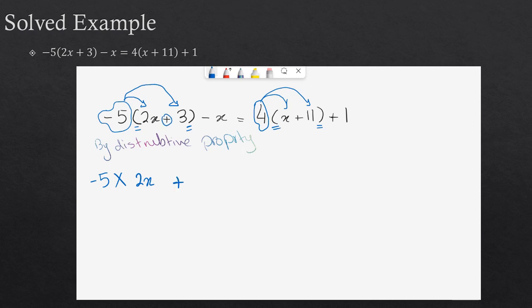We have minus 5 multiplied by the second member, which is 3, and then we have minus x, we write it just as it is.